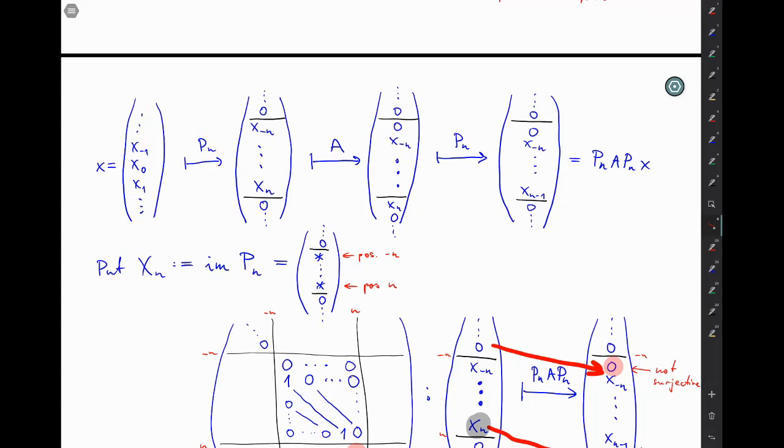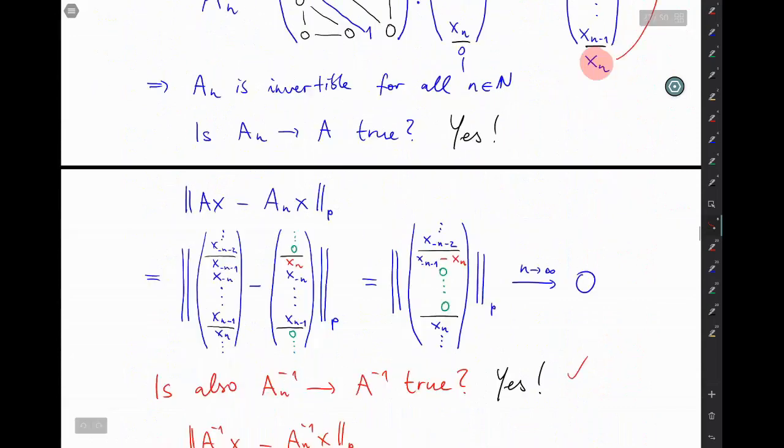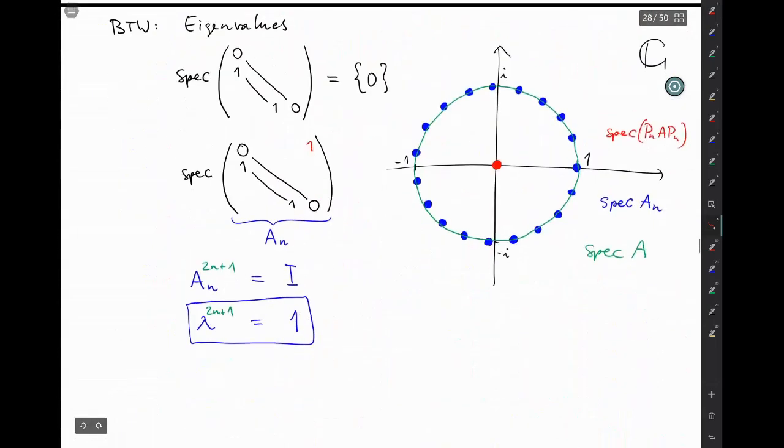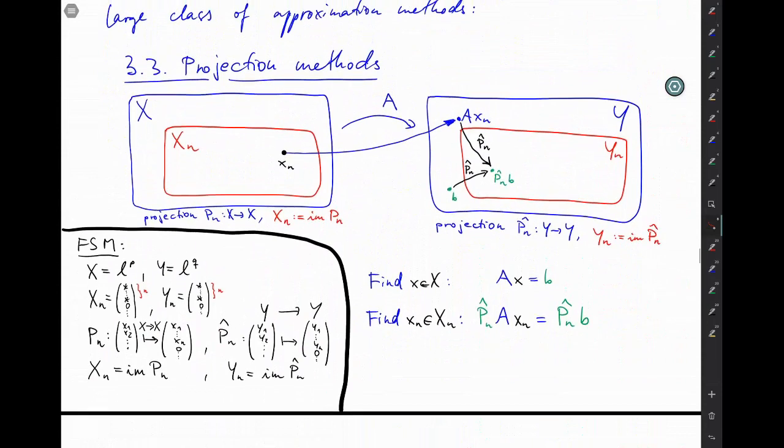So even if you start with an x from the subspace capital Xn, you can still squeeze this projector Pn in here without any consequences. So let's do that. Okay.